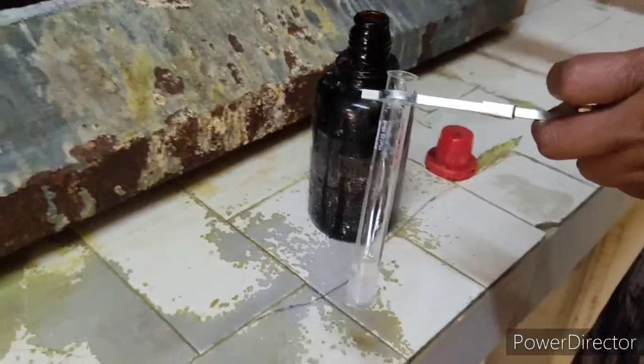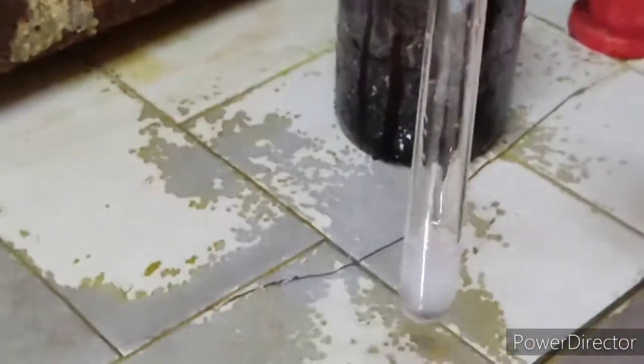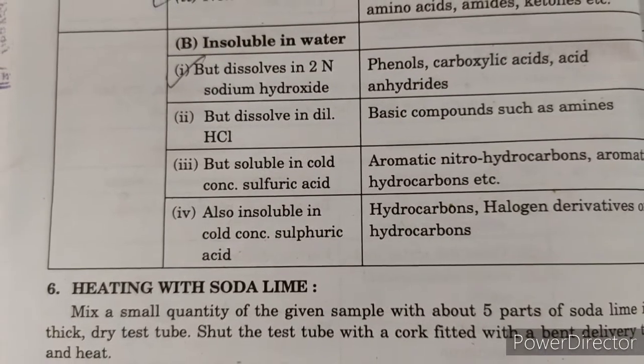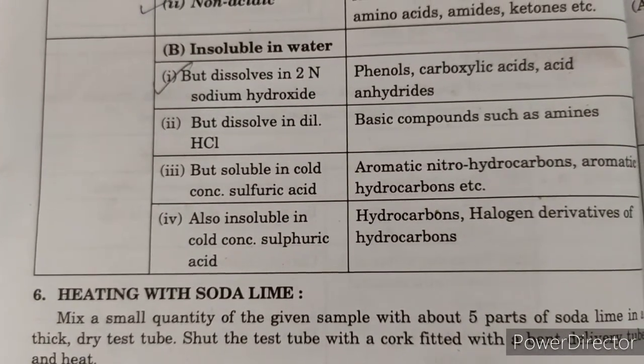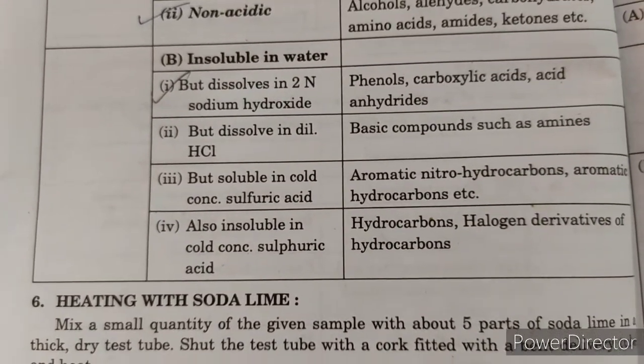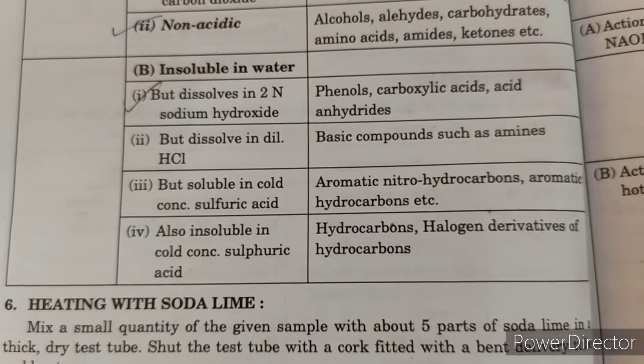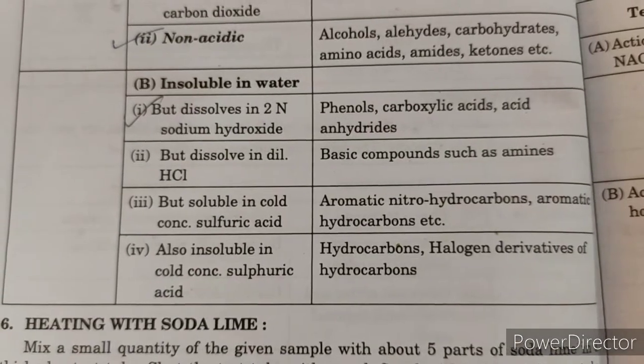You can see that it is miscible or soluble in concentrated sulfuric acid. As our liquid is soluble in cold concentrated sulfuric acid, in inference we are going to write down aromatic nitrohydrocarbons, aromatic hydrocarbons may be present.